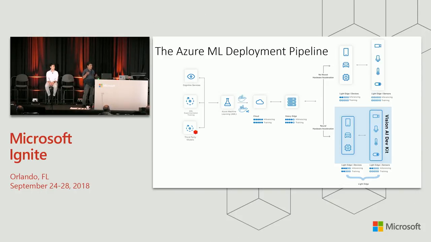When you deploy our services, as I mentioned, you have the ability to deploy to the cloud, to the heavy edge, or to the light edge. Now you see those filled or empty dots right under the different devices. They are directly associated with how much inferencing and training is possible in each of those.